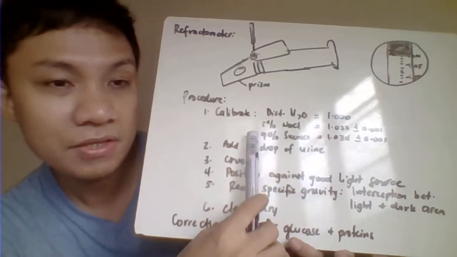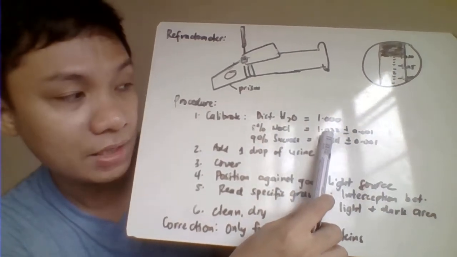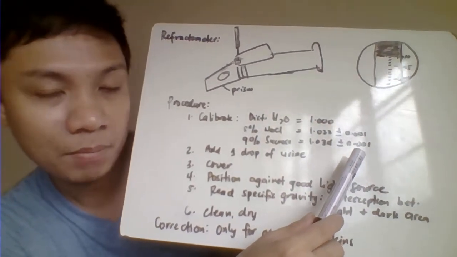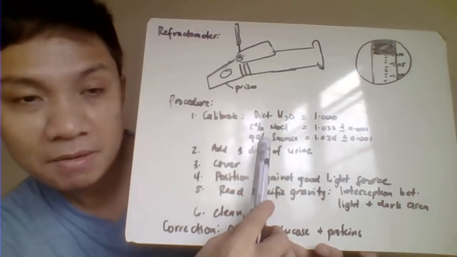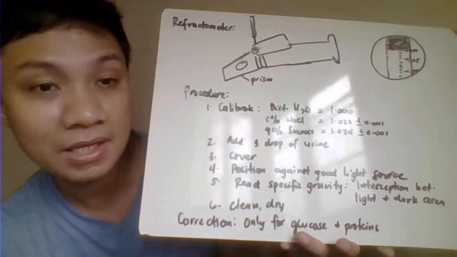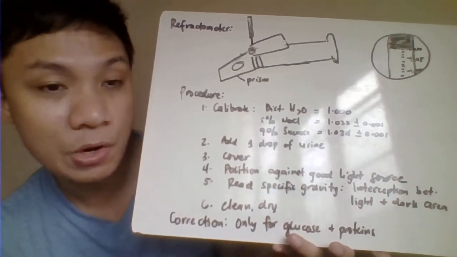If your calibrating medium is 5% sodium chloride, then the specific gravity reading should be 1.022 plus or minus 0.001. And if your calibrating medium is 9% sucrose, then you should have a specific gravity reading of 1.034 plus or minus 0.001.